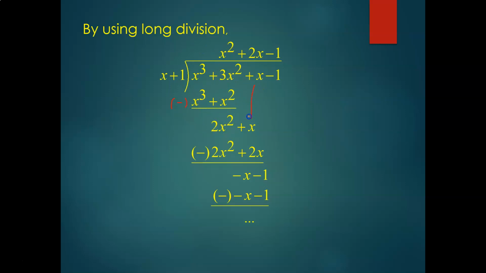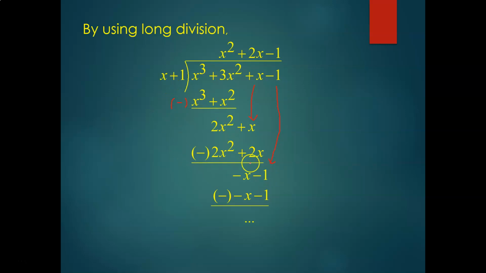This thing bawa turun. So again, we start again. x times berapa dapat 2x squared? x times 2x, so you get 2x squared. And this 1 multiplied with 2x, you get 2x. So you minus this, you get negative x. This bawa turun, so negative 1.